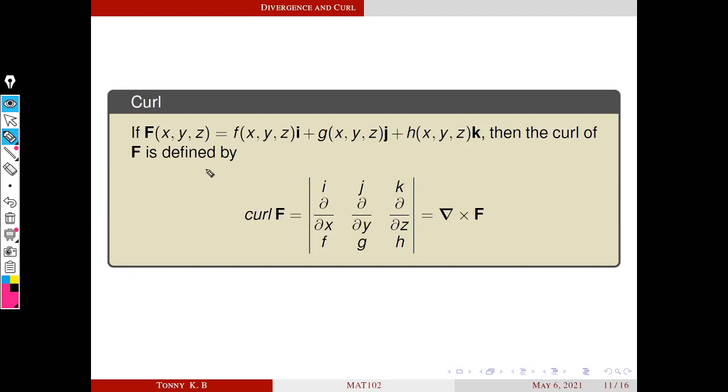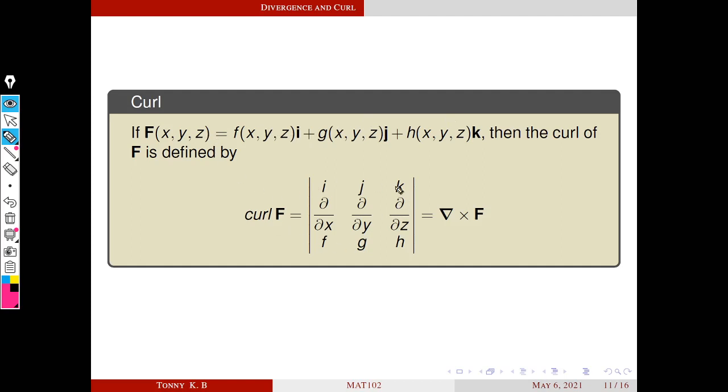The next definition is curl, the curl of a vector function. If f is a vector function like this, then the curl of f is actually del cross f, the cross product of two vectors, because the del operator is also like a vector and f is a vector. The actual definition is the determinant with rows i, j, k; ∂/∂x, ∂/∂y, ∂/∂z; and f, g, h, the components of the given function.